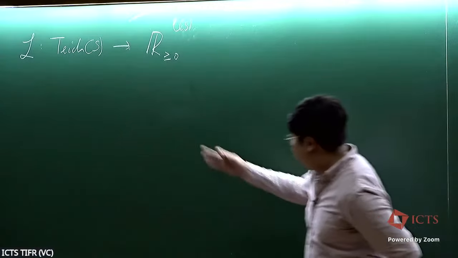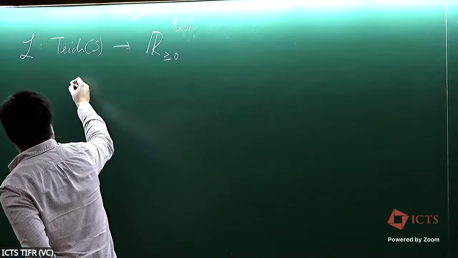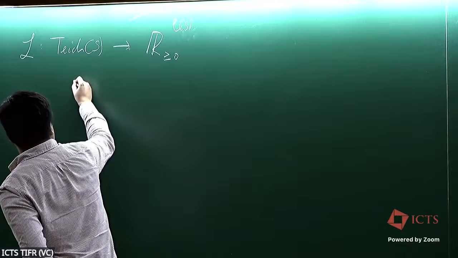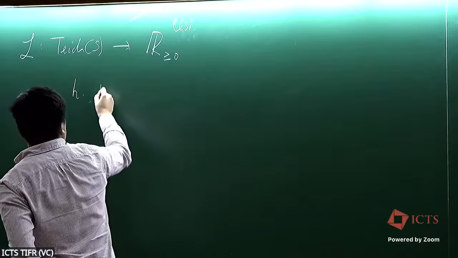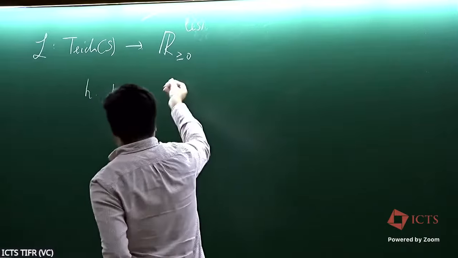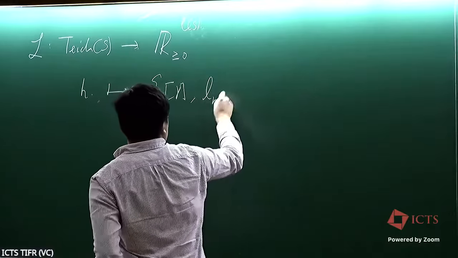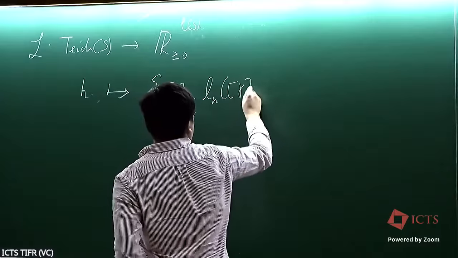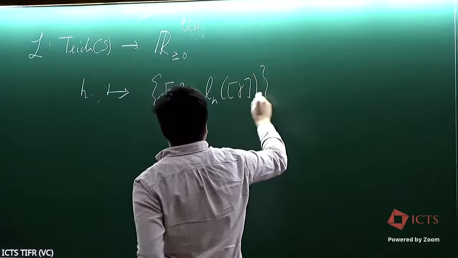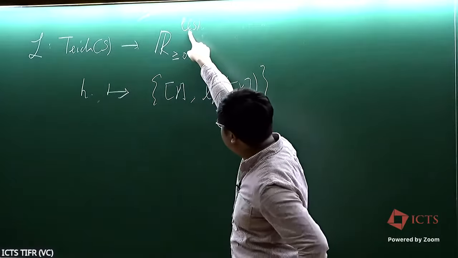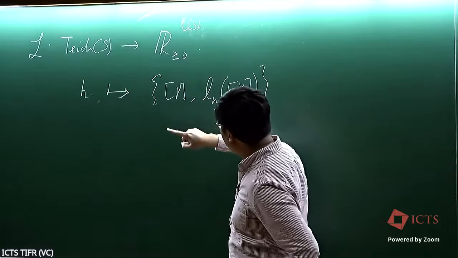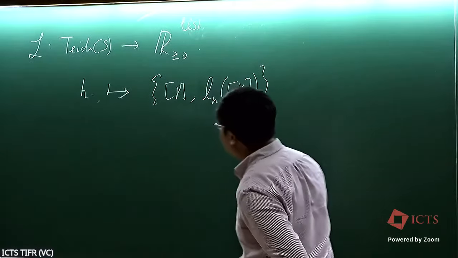Then I could define the following map. I take a hyperbolic metric, which I call H, and I send H to this marked length spectrum. So I've indexed script CFS accordingly, and I've assigned a number to each element here.